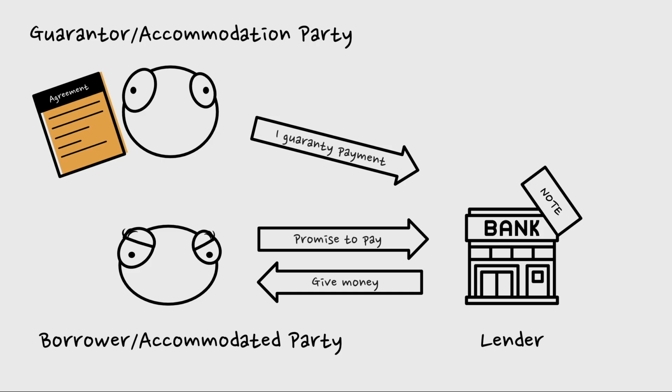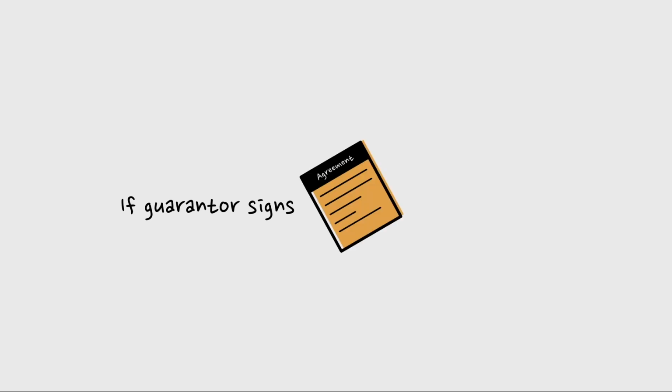And if that's the case, if the guarantor signs an agreement like this, then it controls. You want to look to that agreement to see what it says about the scope of what the guarantor guaranteed, because that's going to control.